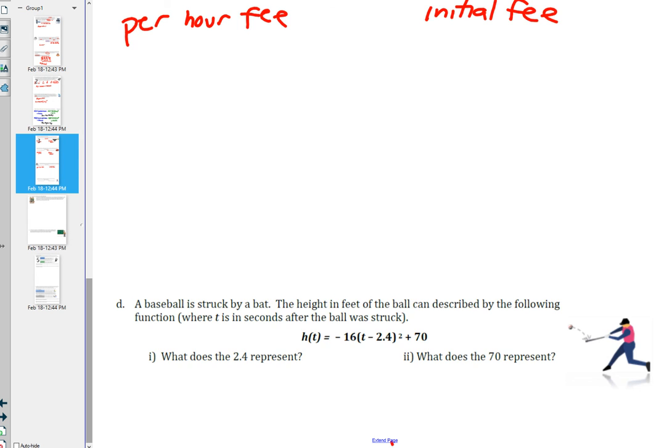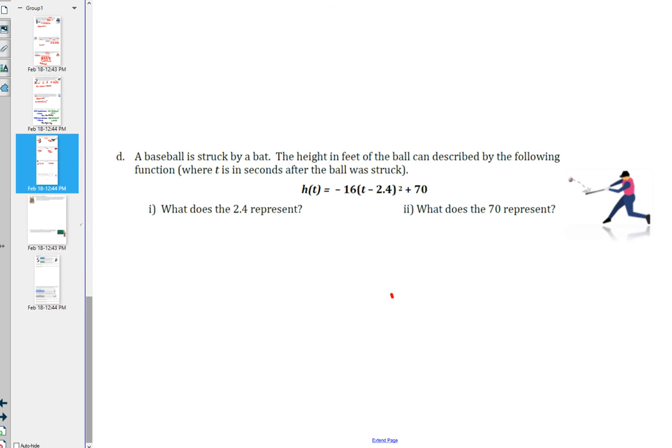Okay, and then finally, for the first time today, I don't recall having seen anything quadratic so far, but this one does appear to be quadratic. Show me that you remember something from the first semester. What form is that quadratic function in? Yeah, it is in vertex form. So what does the 2.4 represent?